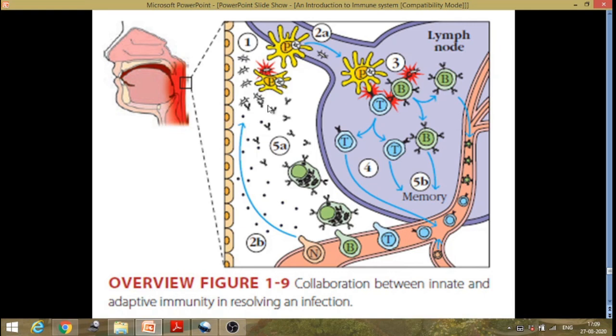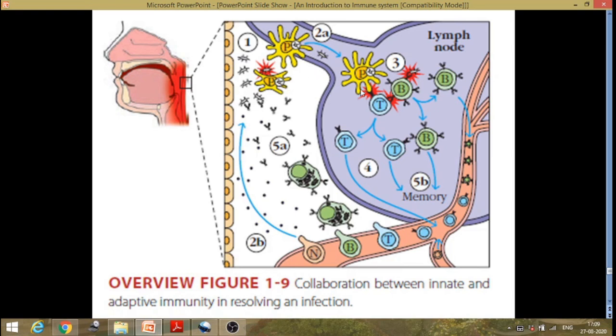So antibodies, which are components of the adaptive immune response, help phagocytic cells to phagocytose the bacteria and thereby enhance the immune response. You can see the two components of the immune response, innate and adaptive, work in an interconnected manner.